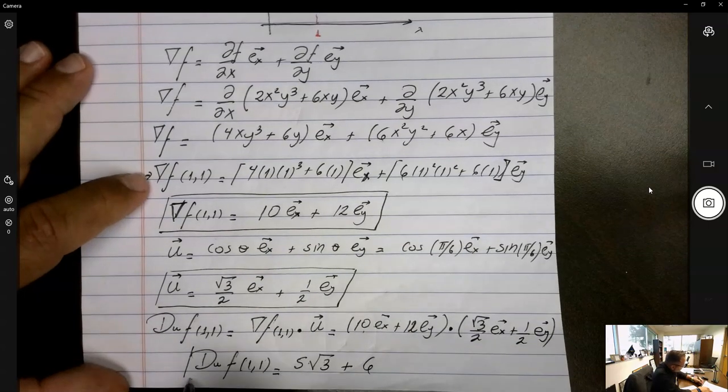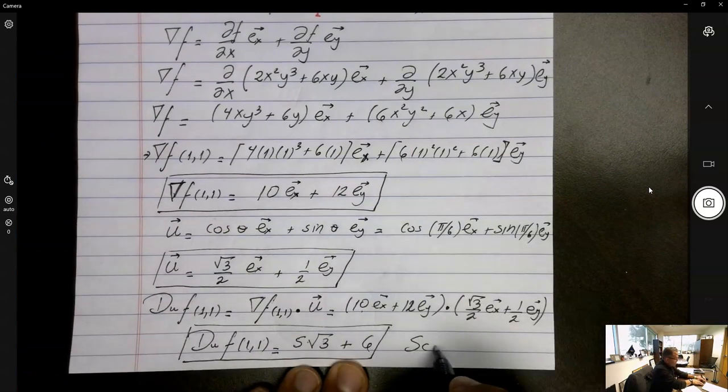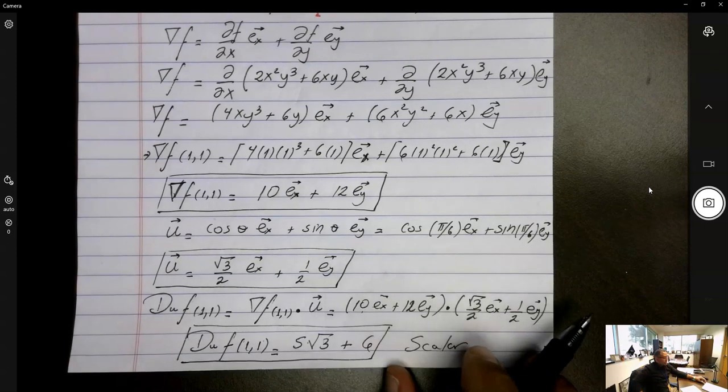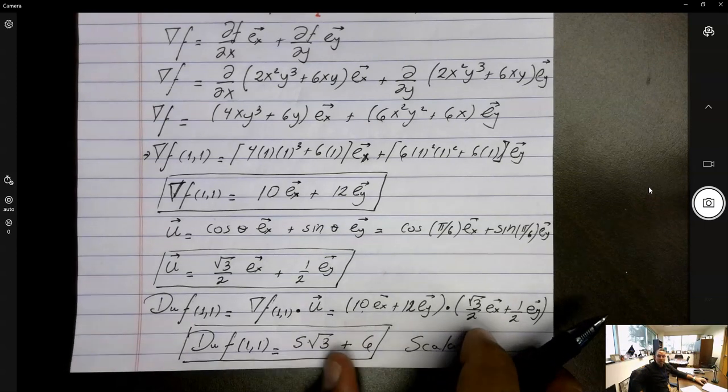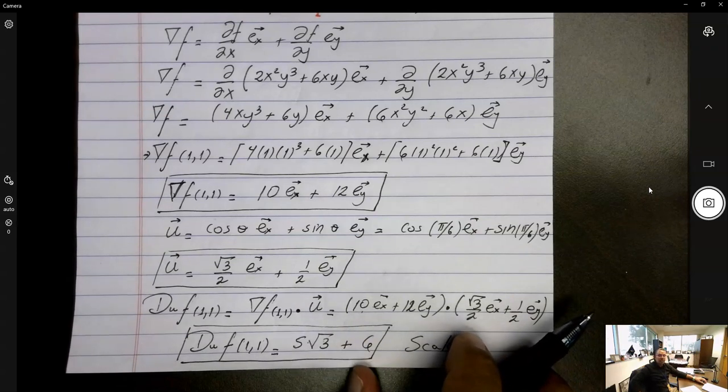So notice this, even though you have two separate terms, they're not separated by components, it's just a scalar. So the directional derivative of a function, however many dimensions that function has, ends up being just a scalar. And evaluated at (1,1), that scalar just becomes a number. And the number in this case is 5 square root of 3 plus 6.